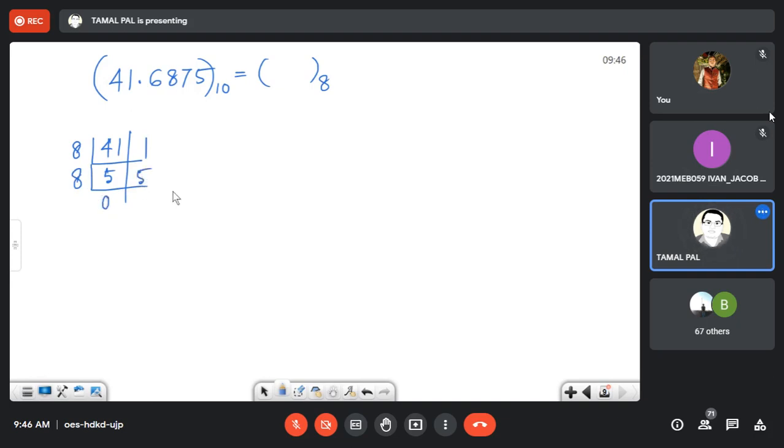Then it is nothing but 51. The integer part is 51 and 0.6875. Sorry, I forgot to put the heading: decimal to octal.